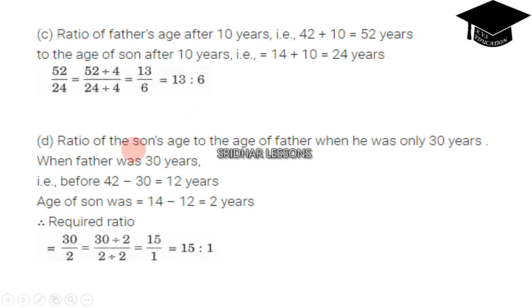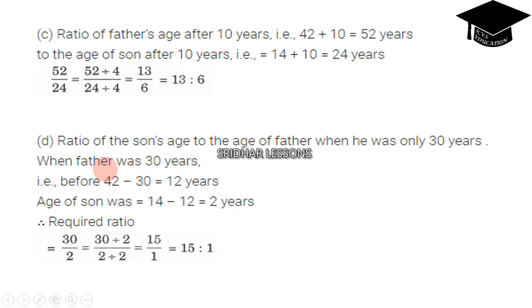Question D. The ratio of the son's age to the age of father when he was only 30 years. When father was 30 years, that means before 42 minus 30, it is 12 years. Age of son was 14 minus 12. This is equal to 2 years. Understood?